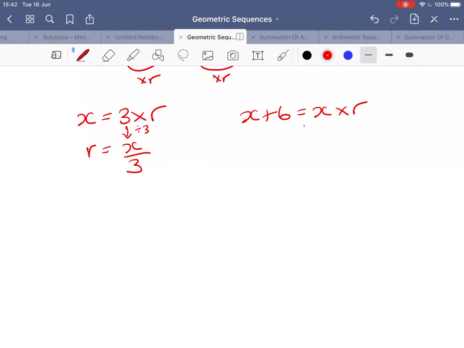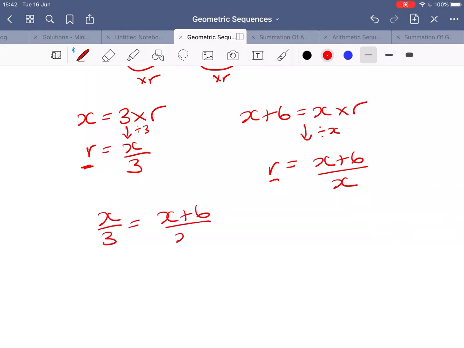If I go to the second one, I'm going to divide both sides by x, and I'm going to get r equals x plus 6 over x. But this is a common ratio, so r is the same in both cases. So I can say x over 3 must be the same as x plus 6 over x.